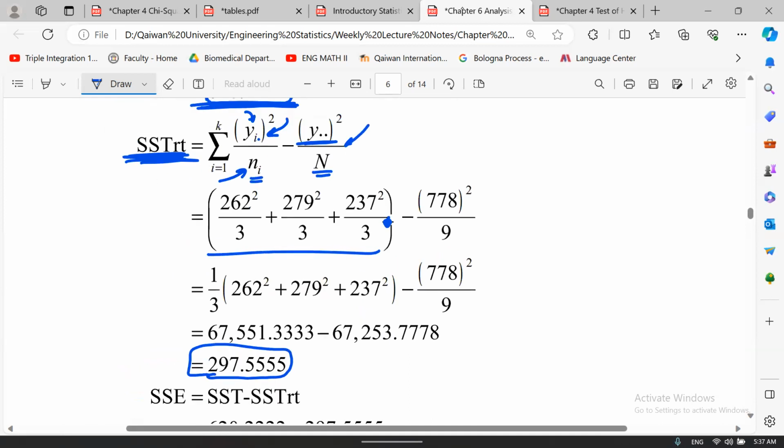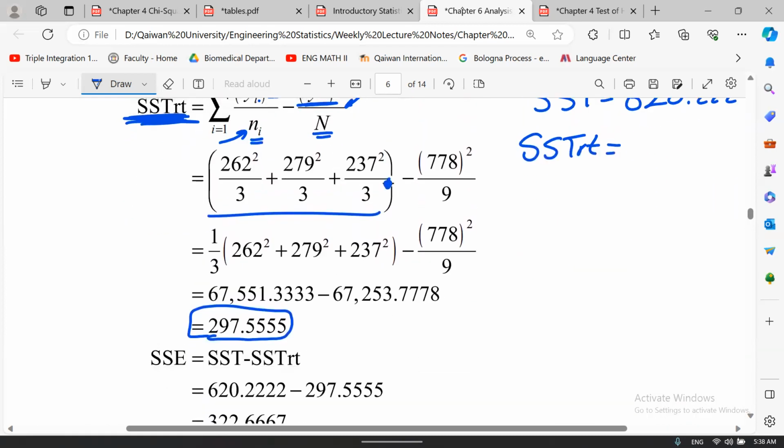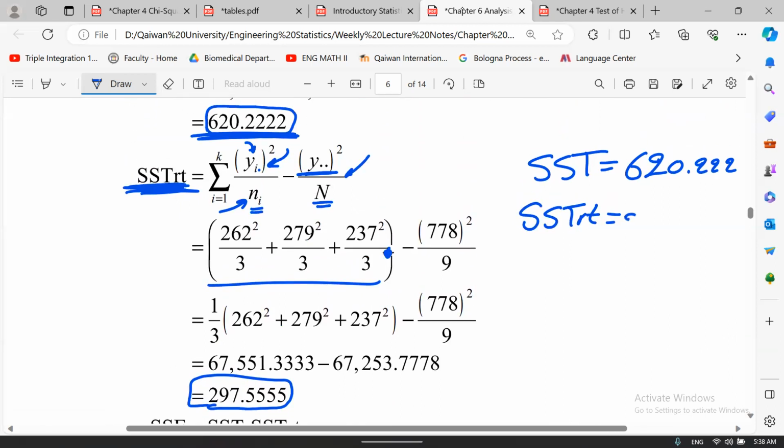We now have SST is 620.222 and SSTRT is 297.555.